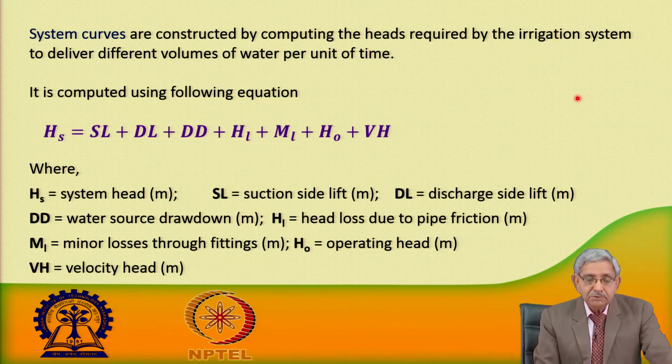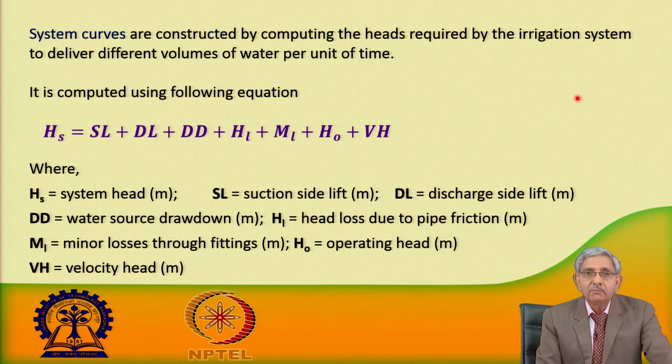System curves are constructed by computing the heads required by the irrigation system to deliver different volumes of water per unit of time.